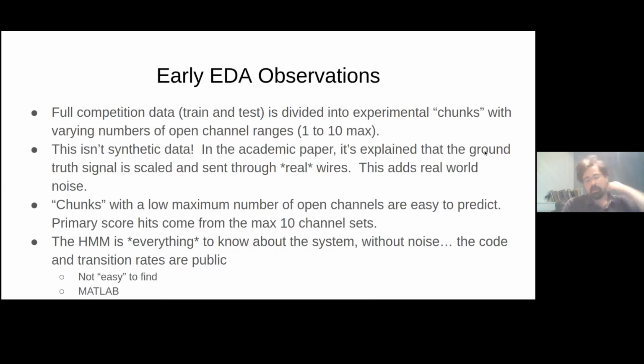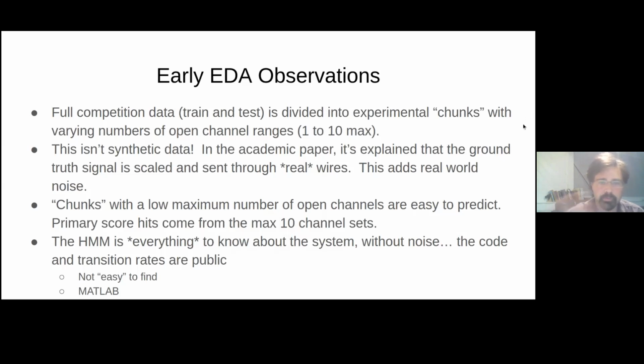Okay, so our first EDA, I'm going to go through quite a bit of EDA. First, this was explained in the competition also, but the test data and the train data are divided into chunks, which correspond to experimental runs. We're going to turn the patch clamp on for 10 seconds and collect data there, and then put it onto another physical system and collect data for the next 10 seconds, which isn't related to the first.